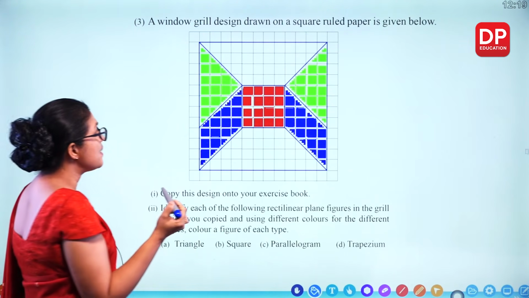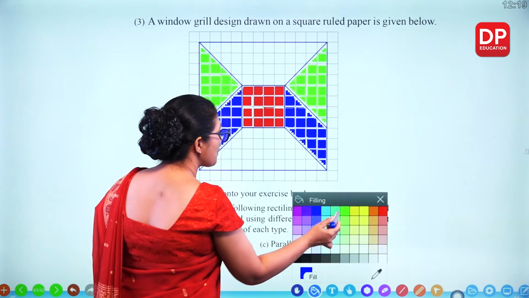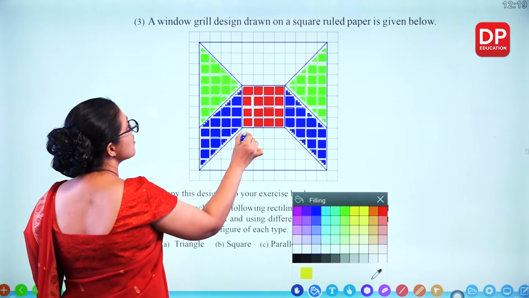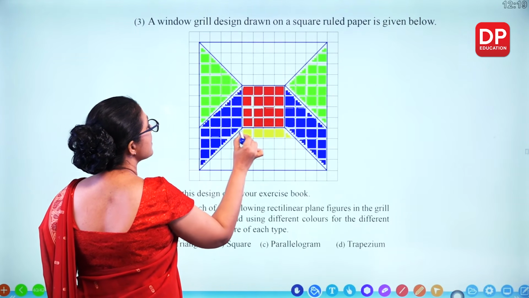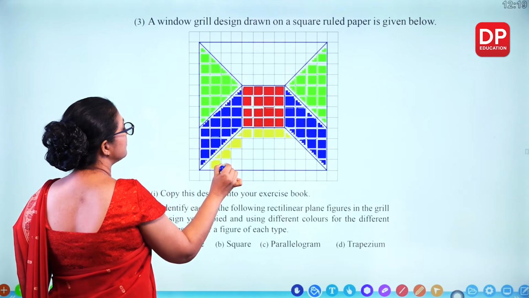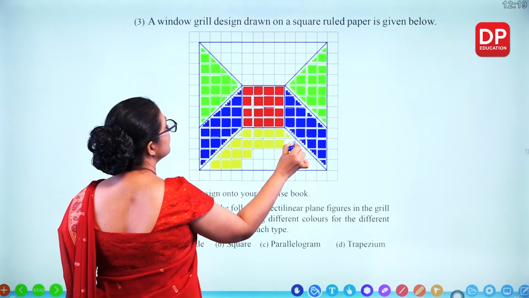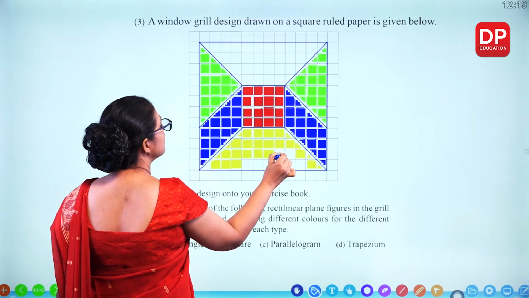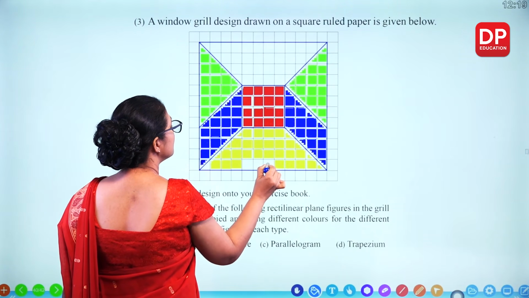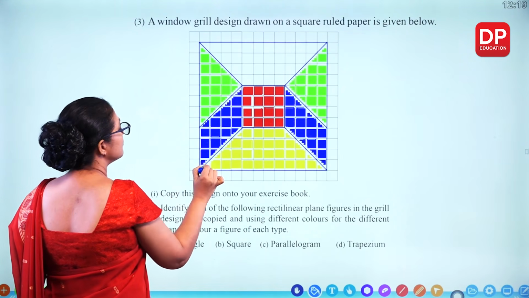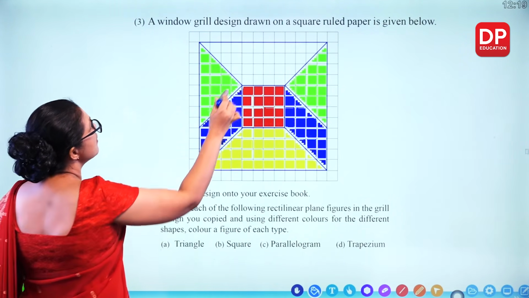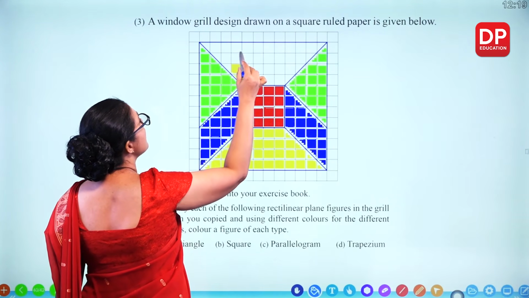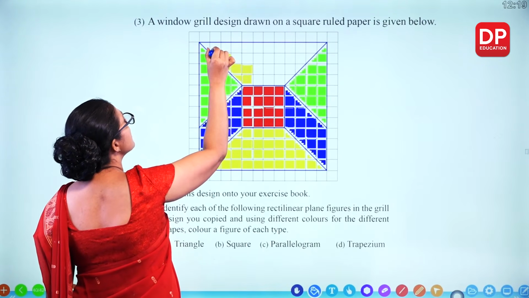And trapezium. Two trapeziums. I can see this one and this one.